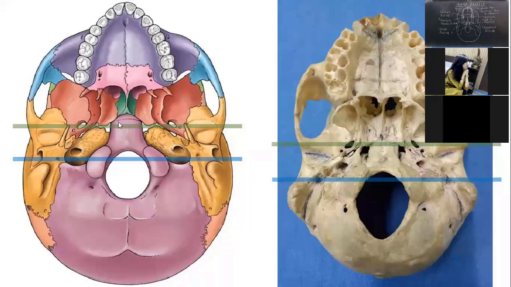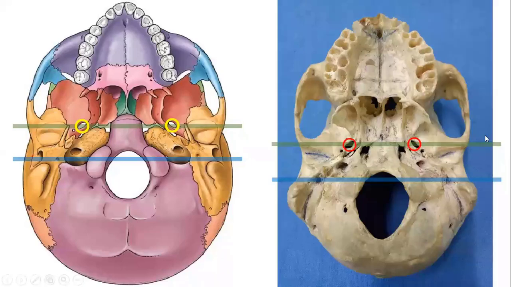Also, it passes roughly at the region of the junction of basi-sphenoid and basi-occiput. Okay. So we have identified these. These are the foramen ovale on each side. Similarly, we can identify the foramen ovale on the real skull. So I hope you all can identify the foramen ovale.